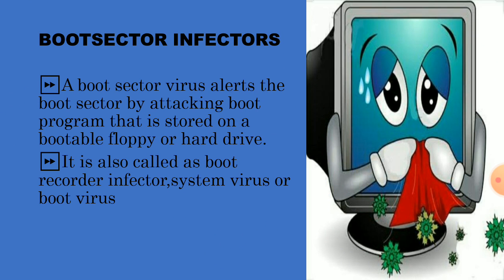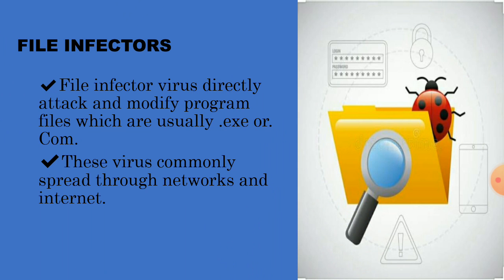Next is file infectors. File infectors virus directly attack and modify program file which are usually .exe or .com. Usually it loads itself into memory and waits for a trigger to infect other program file.